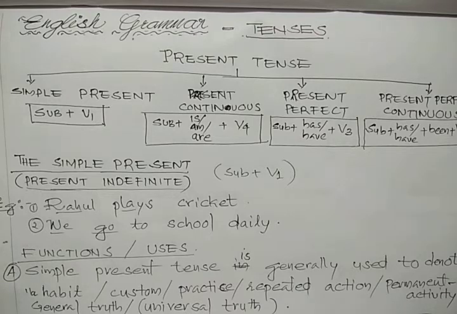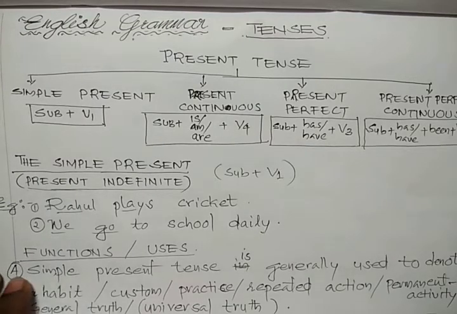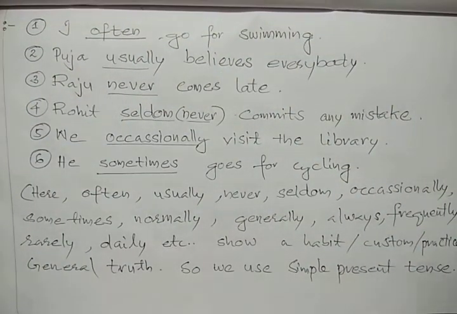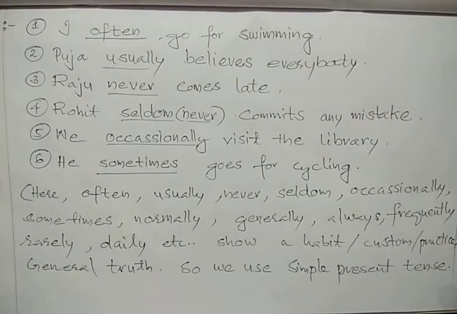Now let's see the functions or uses of the simple present tense. First one, a simple present is generally used to denote a habit, custom, or practice, or a repeated action, a permanent activity, a general truth or universal truth. Let's see some examples. First one, I often go for swimming.